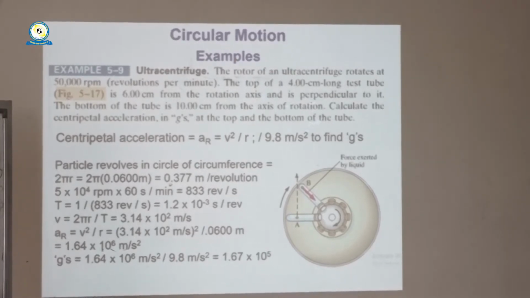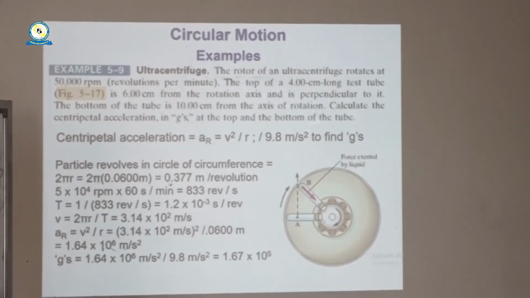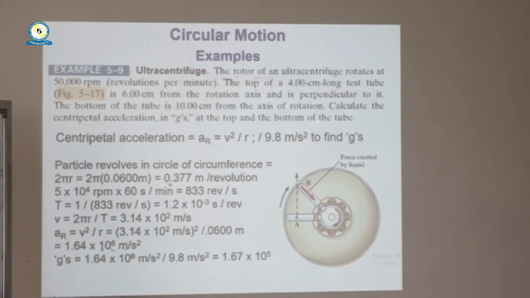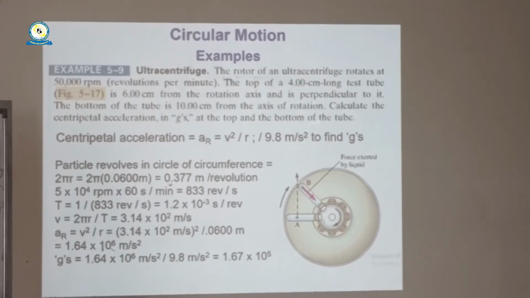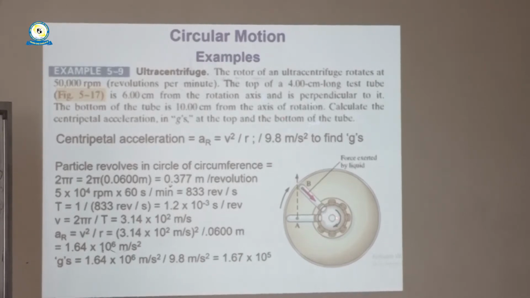The rotor of one centrifuge rotates at 50,000 revolutions per minute. The top of a 4.0 centimeter long test tube, this one, is 6 centimeters from the rotational axis, from the center.